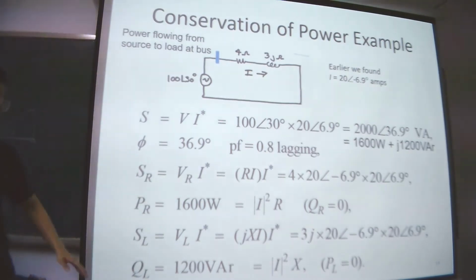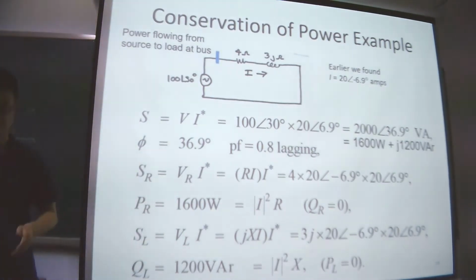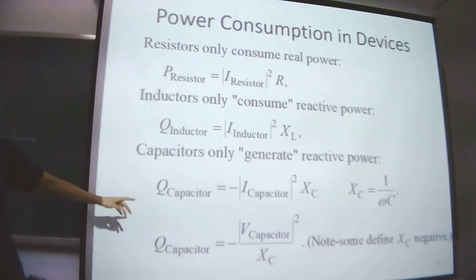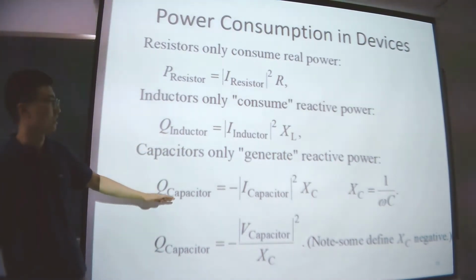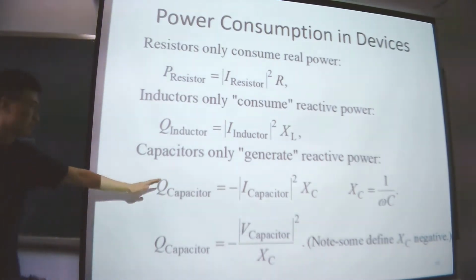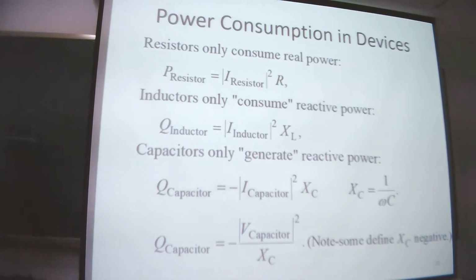By convention, the negative means the power is generated, but the positive means it is consumed. That's why the capacitors generate reactive power. The capacitors and the inductors, we know the symbol, right? One is lagging, one is leading.